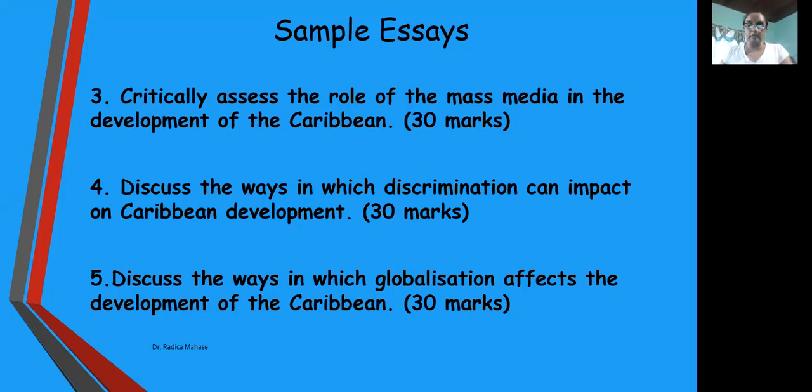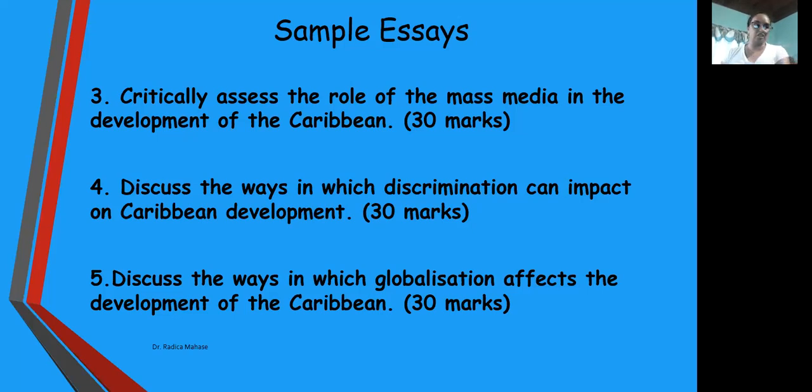So for this one, you are writing your thesis statement, and then we need to get at least 6 points for them. Okay, it's a bigger question. It's a question that you have 55 minutes to do in the exam. So discuss the ways in which discrimination can impact on Caribbean development.